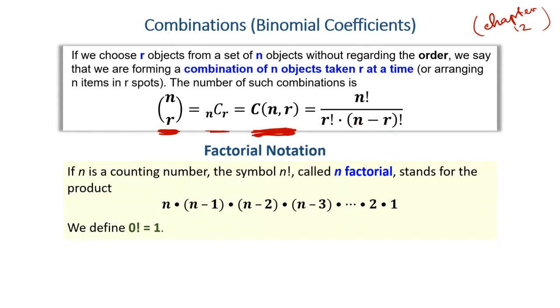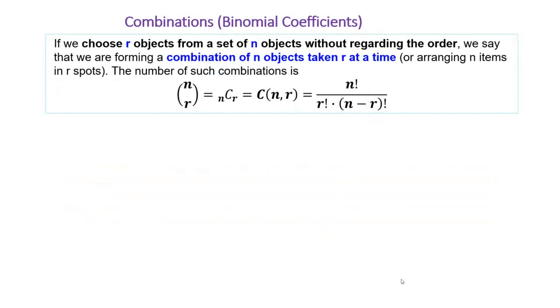You cannot find a factorial sign on your calculator. It just means the product of all numbers 1 through n. So 5 factorial means the product of numbers 1 through 5. You can use a calculator to multiply them, but you cannot find this sign on the calculator.